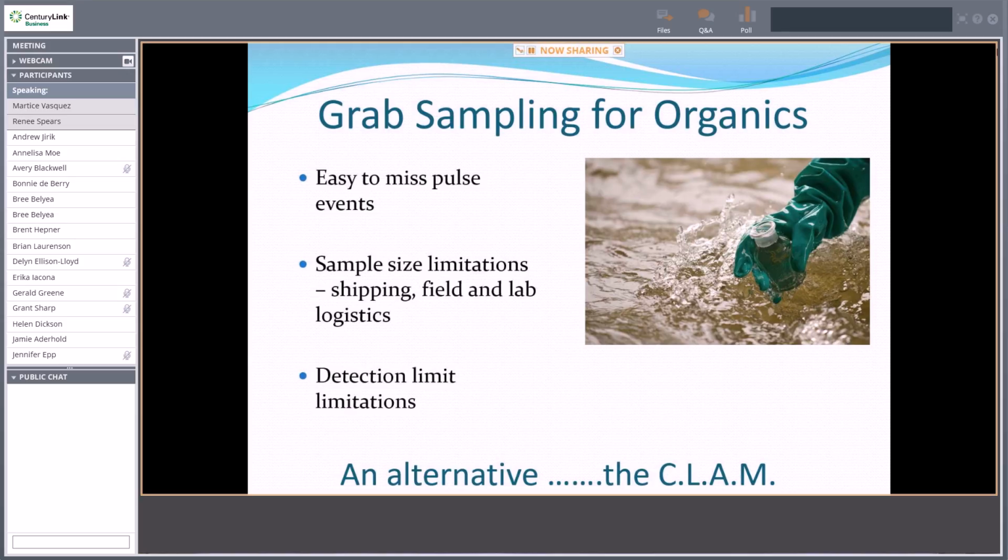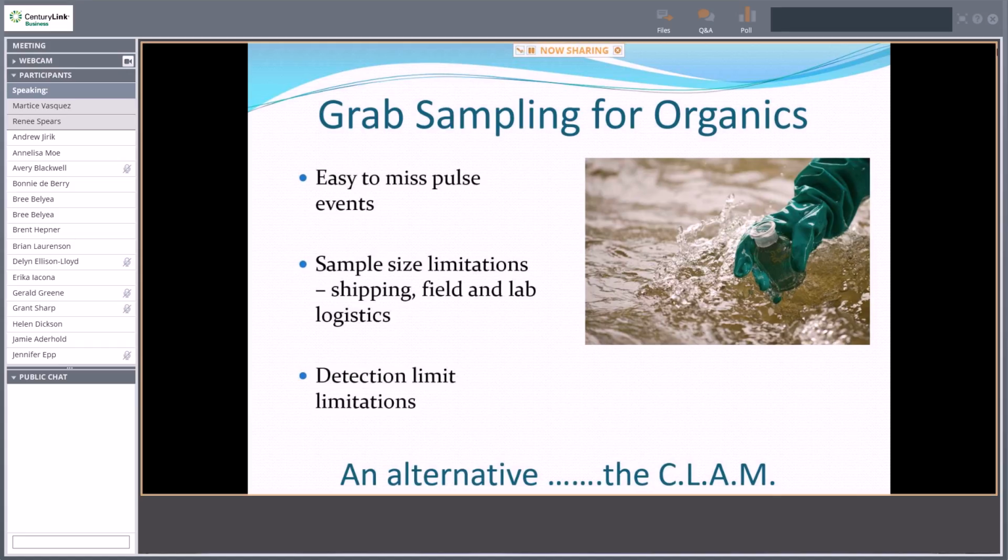Another issue with grab sampling comes down to just logistical limitations of collecting a sample size. So traditionally, the lab asks for 1 liter water samples to screen for pesticides. Depending on how many sites are collected, that can be a lot of water for a field crew to get back out of the field.